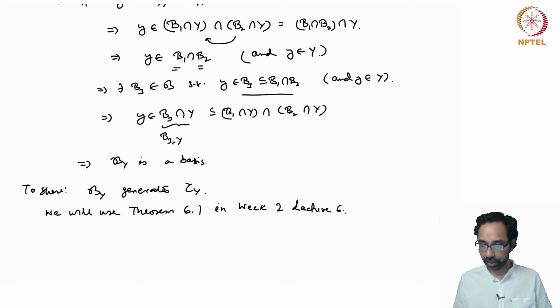Okay, and this just gave a way to determine, given a topology, whether a collection of sets is a basis that generates that topology. So please check this out again. Check what this theorem said and how we can use it to show that B_Y generates tau_Y.